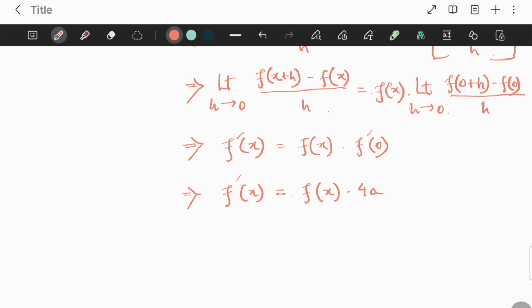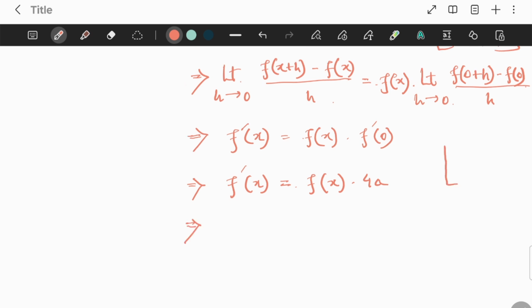I hope till now it is clear. Suppose we take fx equal to z. That means dz by dx equals 4a into z.